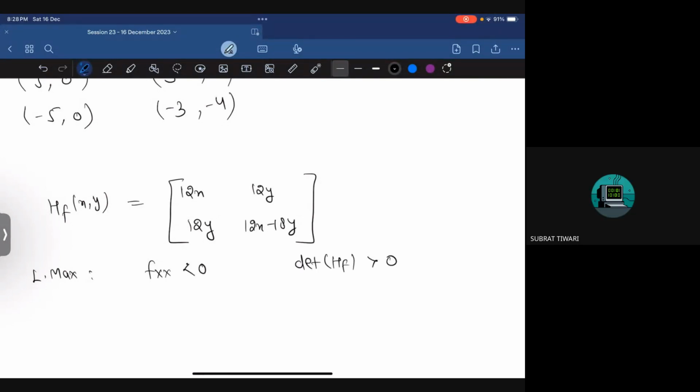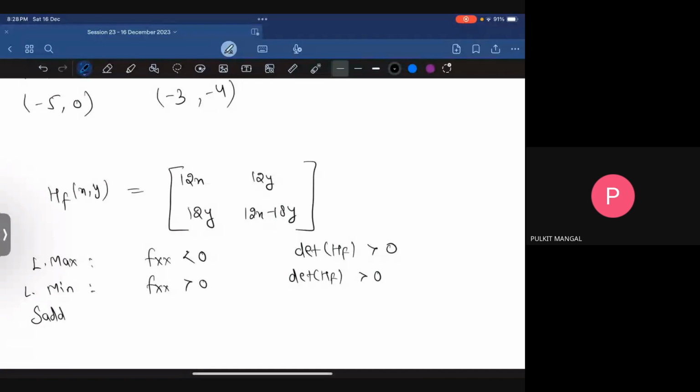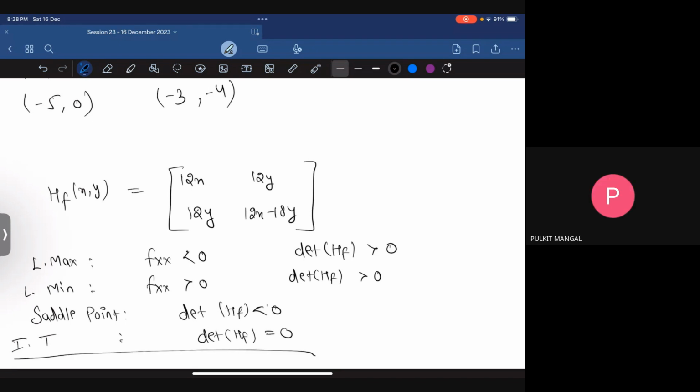For a saddle point, the determinant is less than 0. And the test is inconclusive when the determinant is 0. This is the same for two variables and three variables.